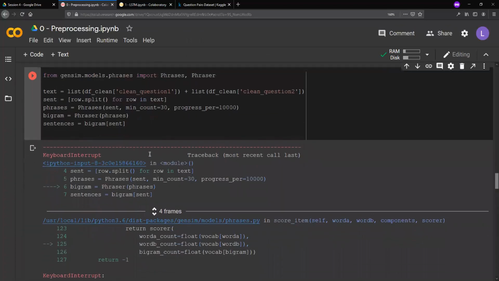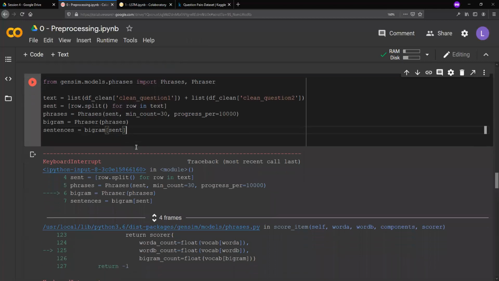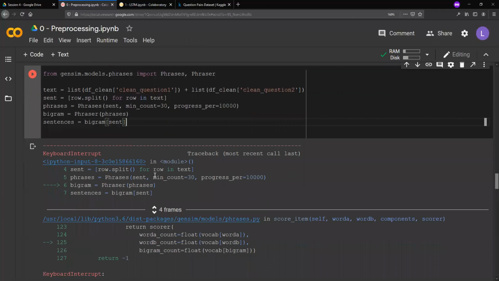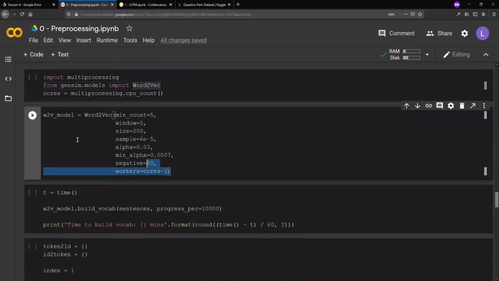So this is very similar to last week. What we're doing is just generating phrases for each of the sentences, performing the necessary imports, defining our word2vec model. In this case, we're looking at a model with a minimum frequency of 5 for each word in our vocabulary.